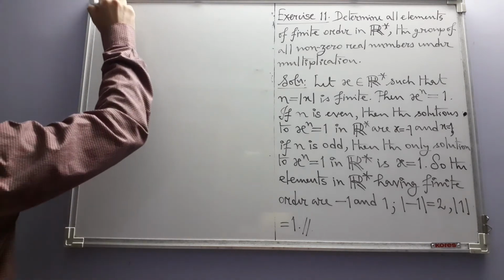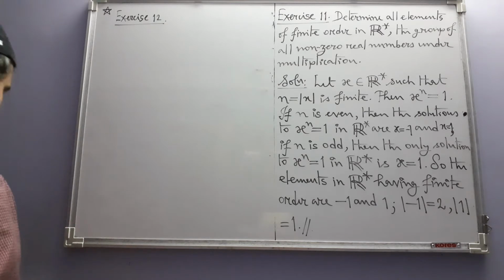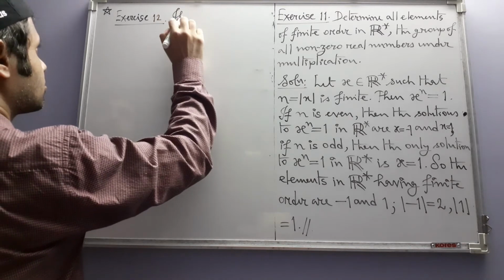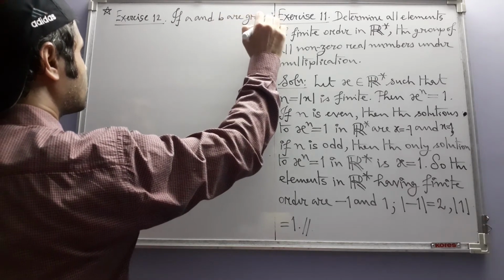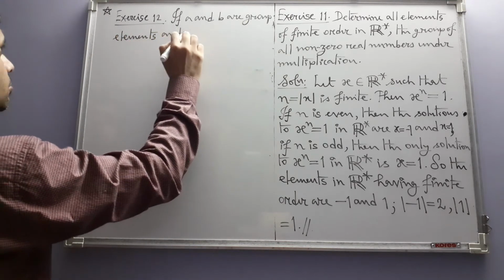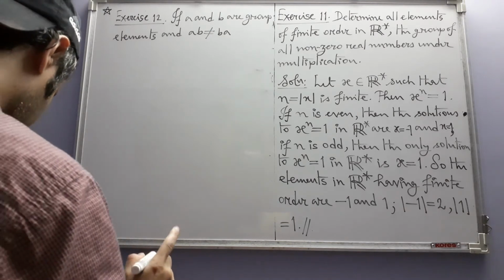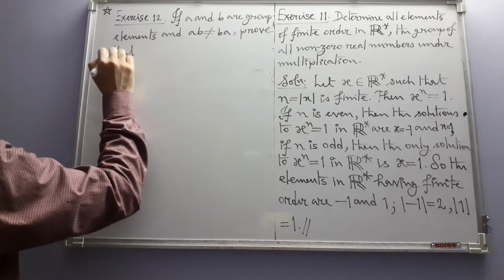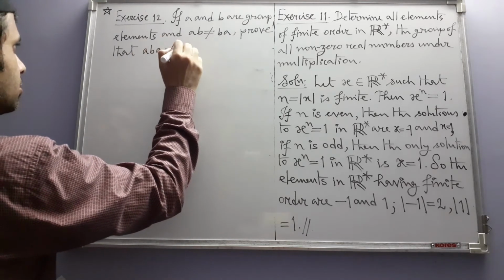Okay, then exercise 12. If A and B are group elements, and AB is not equal to BA, then prove that ABA is different from the identity.